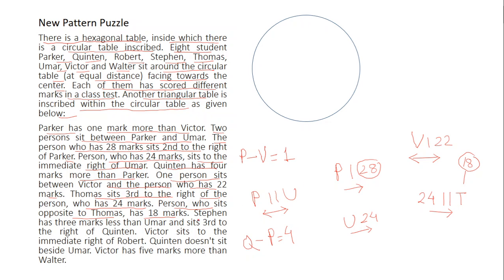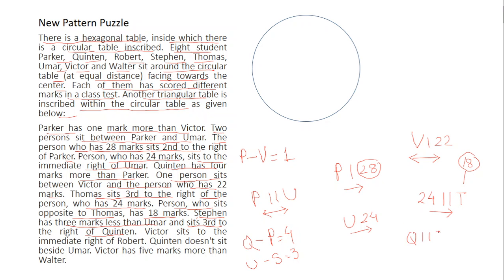Stephen has 3 marks less than Omar, so Omar minus Stephen is equal to 3. Stephen is to the third right of Quentin.